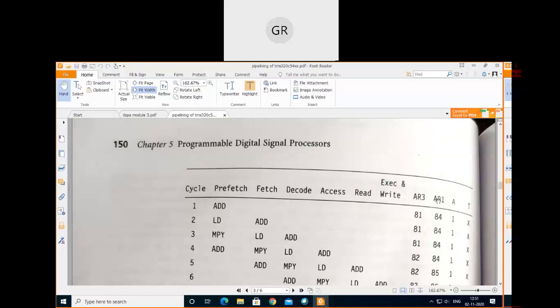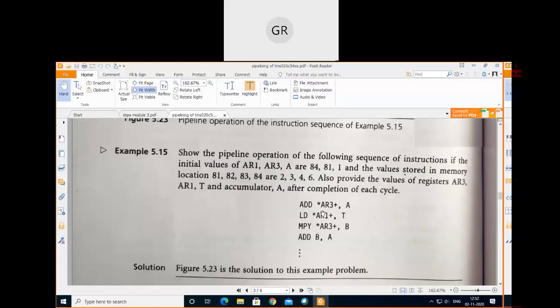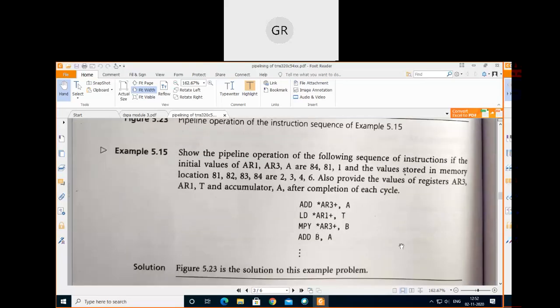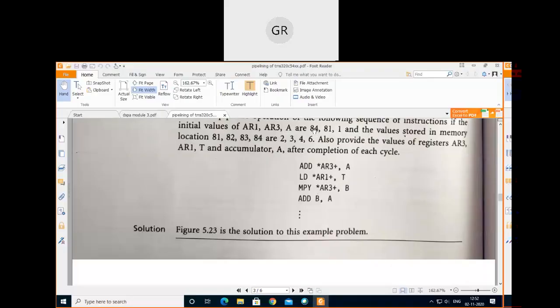Okay, here the AR3 register, AR1, A and T. Here during the ADD operation, AR3 is loaded by 81 and AR1 by 84. Check it. See, 84. And the accumulator is loaded by 1.